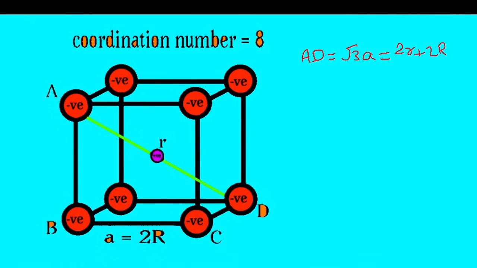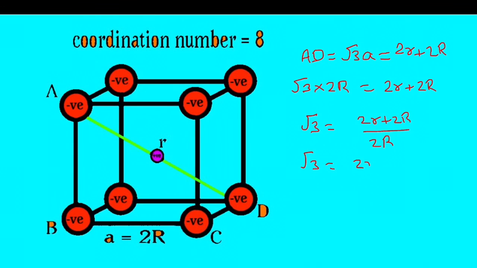Now root 3 into 2R is equal to 2r plus 2 capital R. Now root 3 is equal to 2r plus 2R by 2 capital R. Calculating it, we get 2r by 2R plus 1.